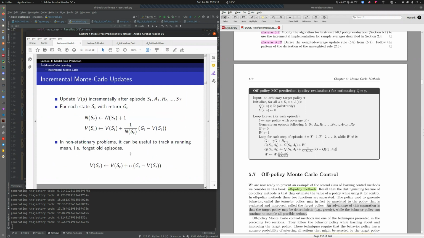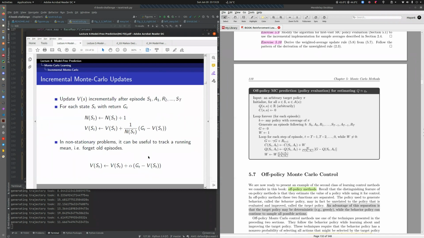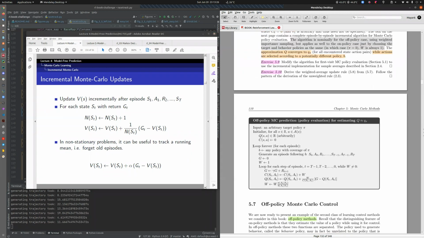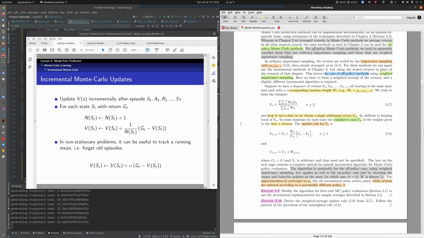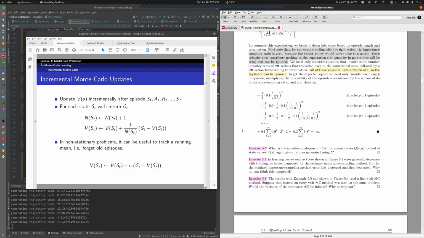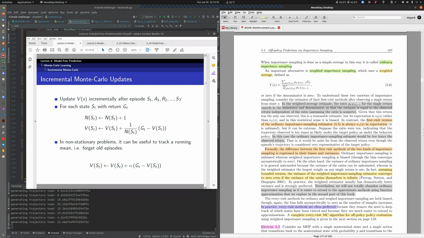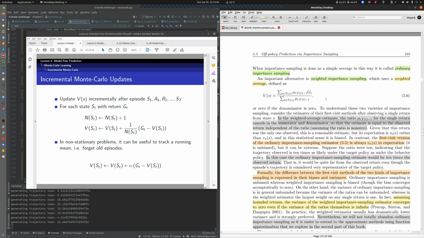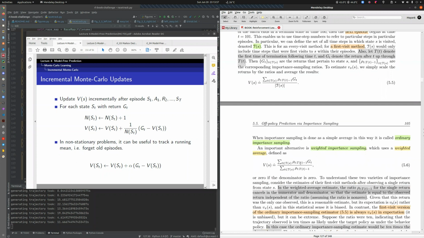Here the actions will be included with respect to the weighted importance sampling which we had accumulated.